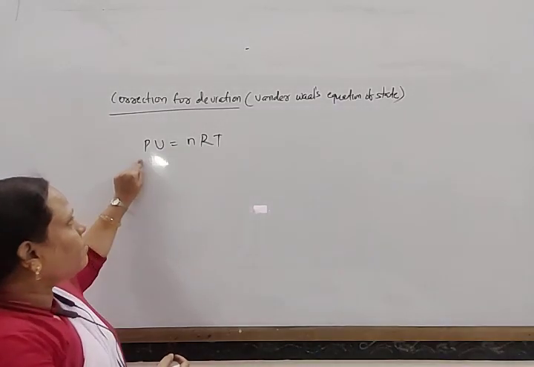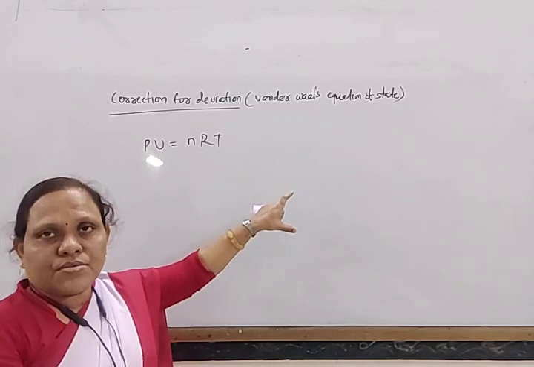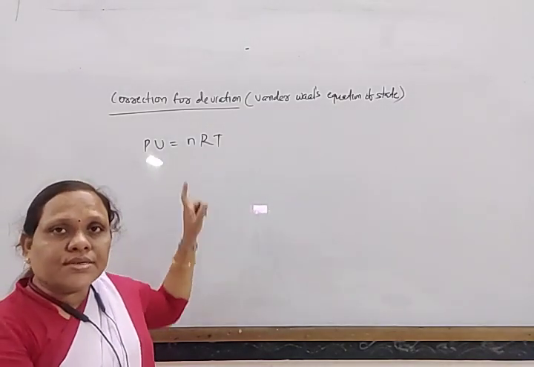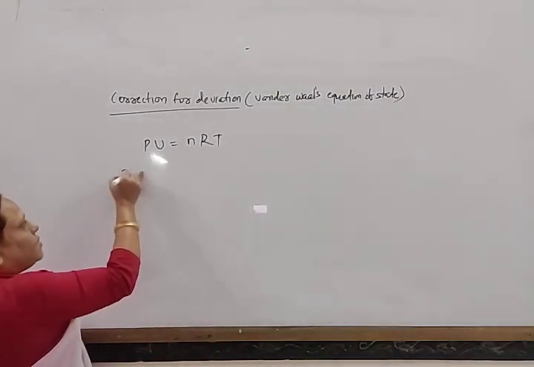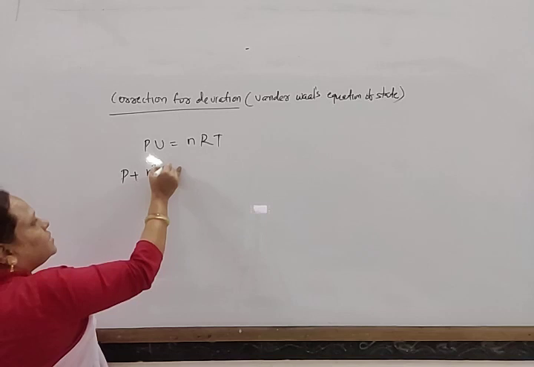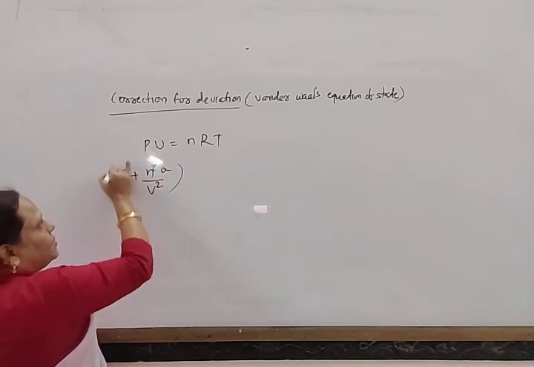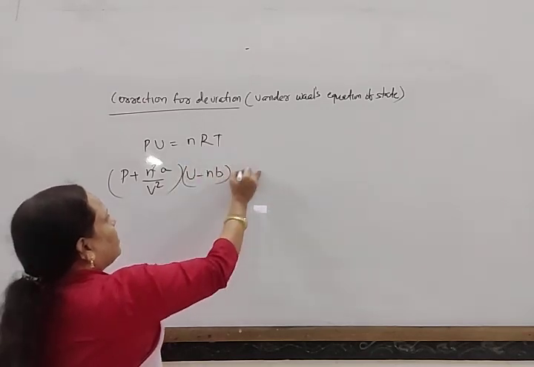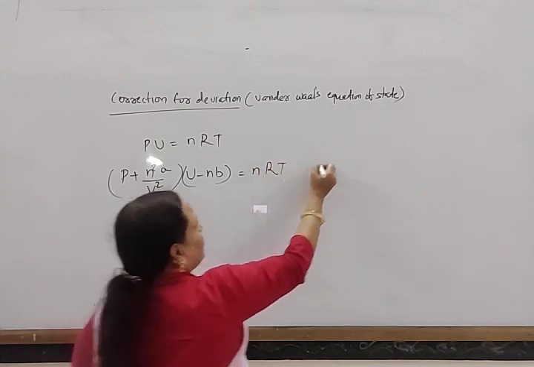The new equation derived is known as the van der Waals equation of state, which can be represented as (P plus n square a by V square) into (V minus nb) is equal to nRT.